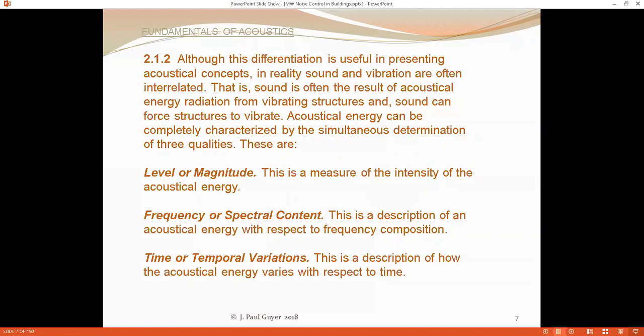Another characteristic is the frequency of the oscillations of this sinusoidal curve. If the oscillations are very rapid, up and down, up and down, that is a high-pitched sound.